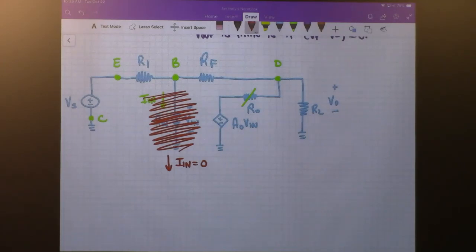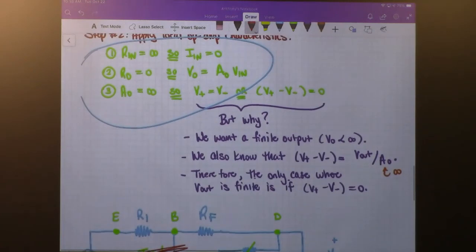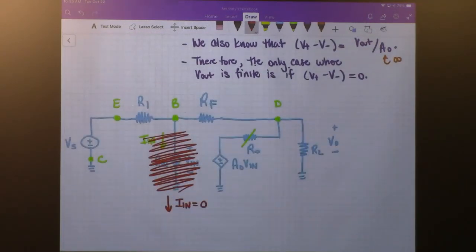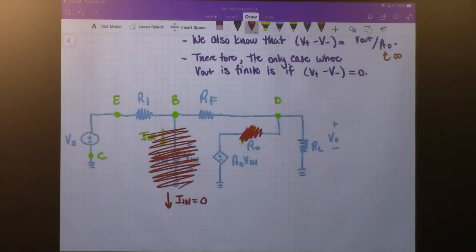Second, we know that R out equals 0. We've already included that in there. And then the last is going to be VB equals 0. Now, why is that?